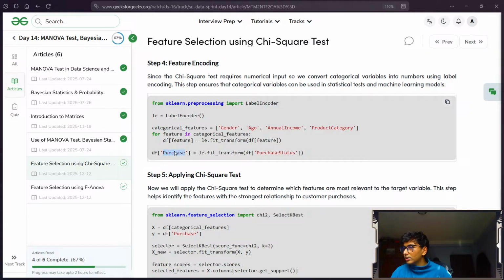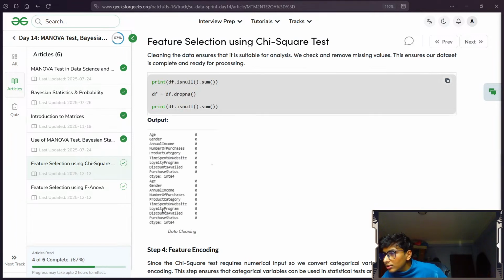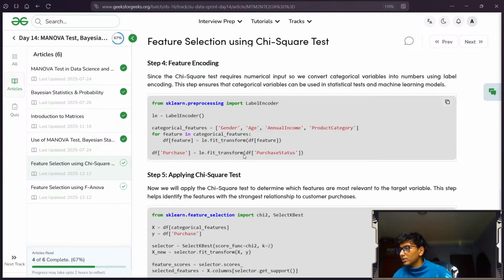Then df[purchase status] gets le.fit_transform of the purchase status. So purchase status is there.